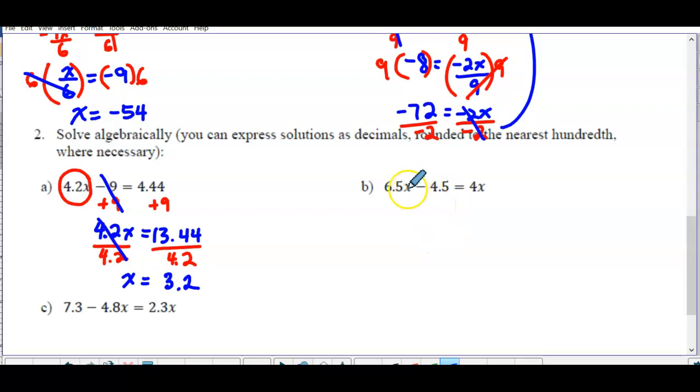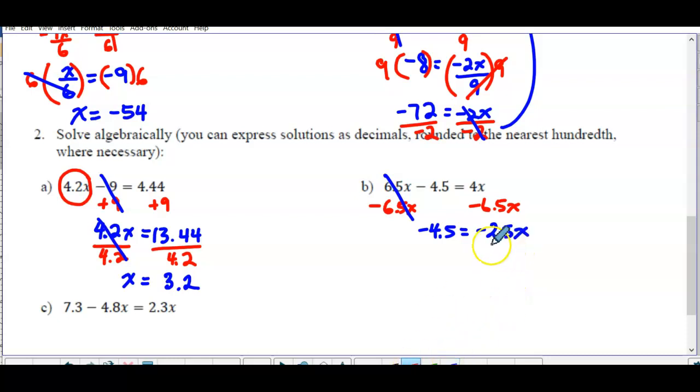Next one, you've got two terms with x. This already has an x on the right-hand side, so I'm going to subtract, get rid of the x term on the left by subtracting from both sides. Goes to 0, so I'm left with negative 4.5 equals, and 4 minus 6.5 is negative 2.5. You can do it on your calculator if you want, but that's what that's going to be.